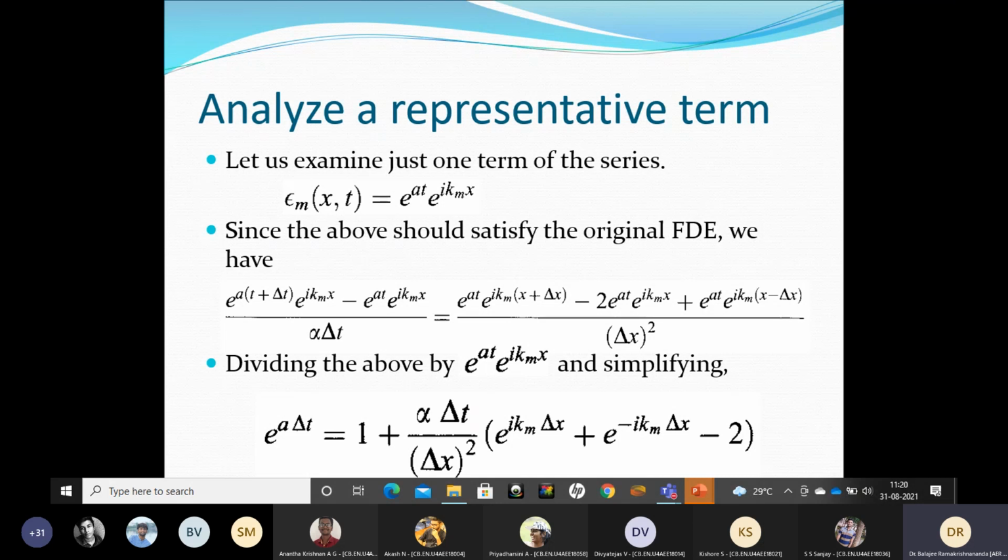So examine only one term, which is the error of m, that is the mth component of the series, which is a function of space and time. That is e power at into e power i kmx. Now this should also satisfy the original FDE. So instead of error, we substitute this term in the original FDE.